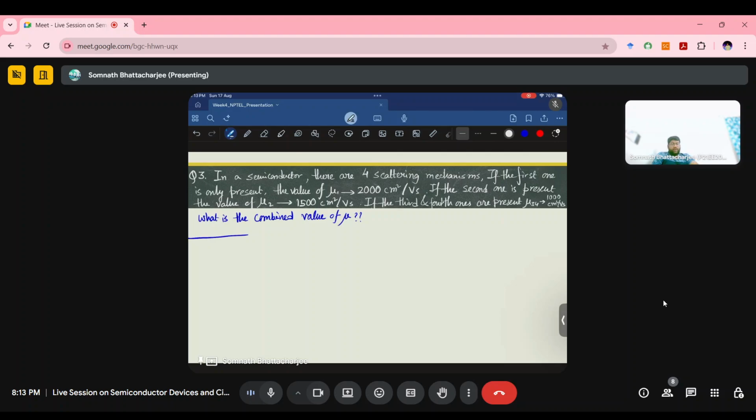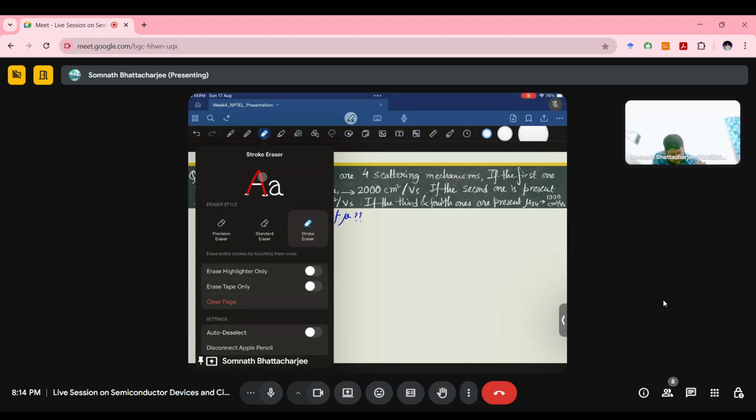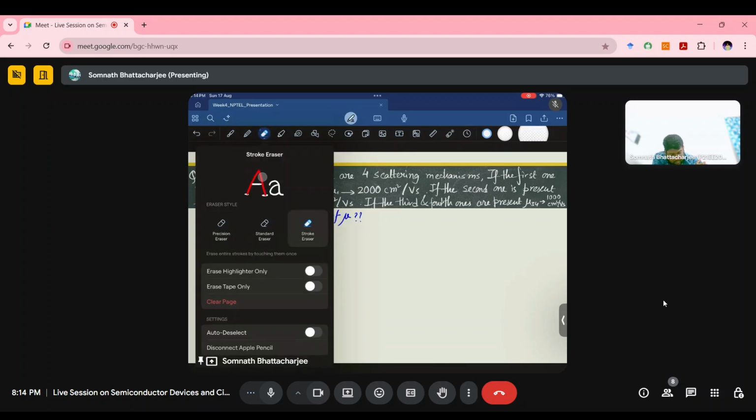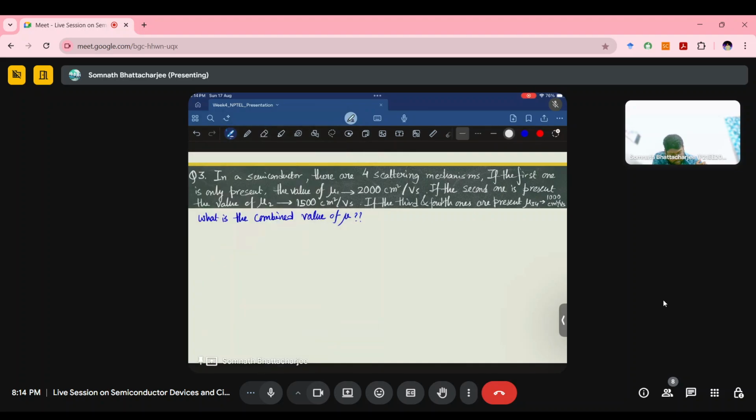We need to get the combined value of mu. Try to solve this.